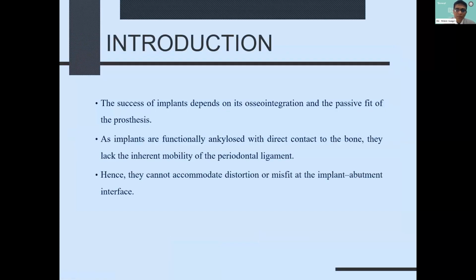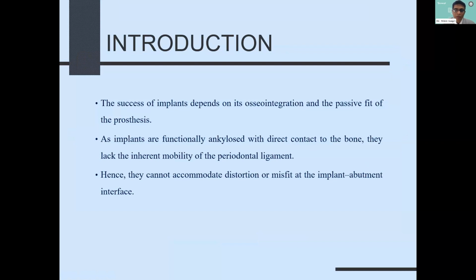As mentioned, the success of implant depends on its osseointegration and the passive fit of the prosthesis. As implants are functionally ankylosed with direct contact with the bone, they lack the inherent mobility of the periodontal ligament. Hence, they cannot accommodate distortion or misfit at the implant abutment interface. What does this mean?